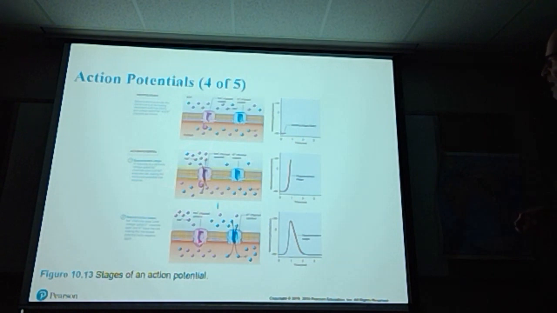Then this one will close, allowing this one to open. These stop moving, these start to go out, and that is the repolarization stage. In other words, we get to an equal stage on either side. We have the resting stage, we have the depolarization stage, so here we have the action potential, and we have the repolarization stage, and we get back down to the resting stage again.